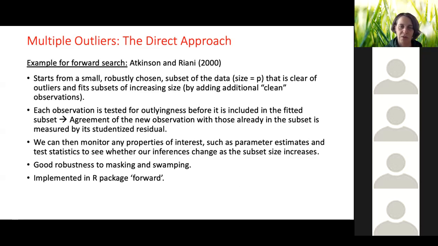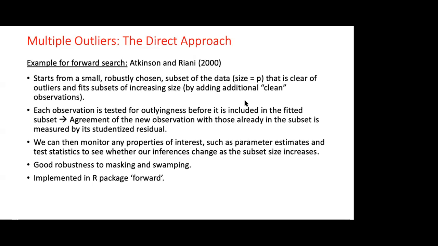And it starts, as all forward search algorithms do, with a small, robustly chosen subset of data. And then it says size P, where P is the number of predictors. And so that subset of the data actually is not true.